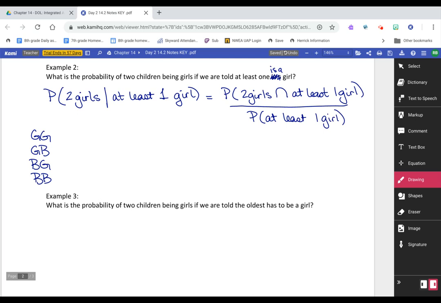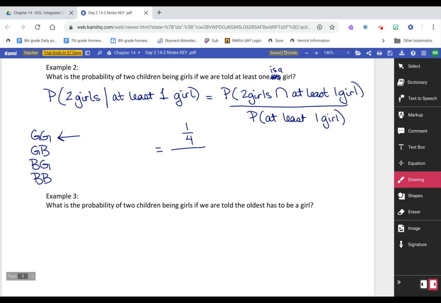All right, so let's write this out. When we look at our 4 options, which of those have the possibility of 2 girls and at least 1 being a girl? And when you look at these, the only one that gives us 2 girls is the top one. So we have 1 out of 4.